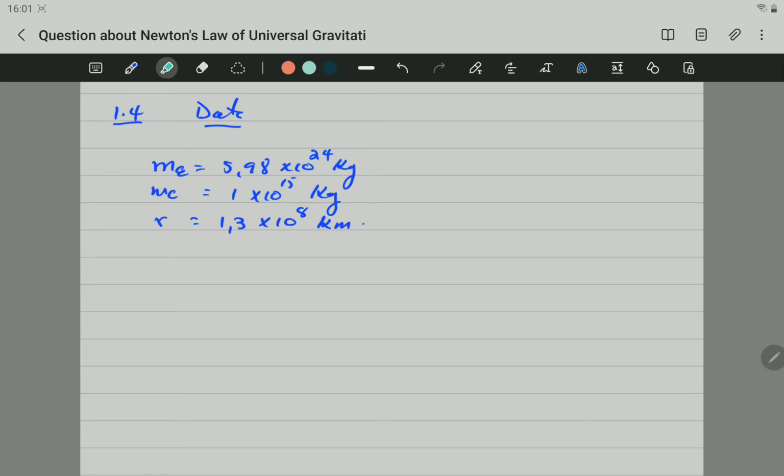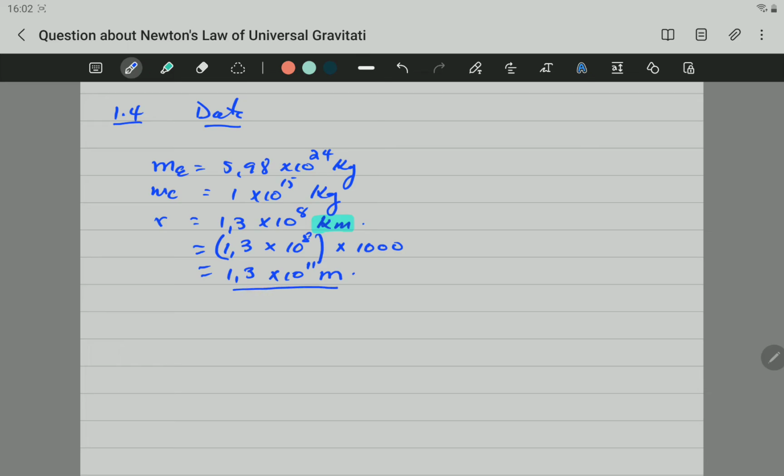Now remember, you cannot work in kilometers. You have to work in meters. To convert, you multiply by 1,000. So 1,3 times 10 to the 8 multiplied by 1,000 gives 1,3 times 10 to the 11 meters.